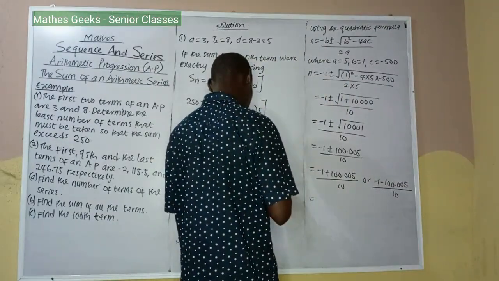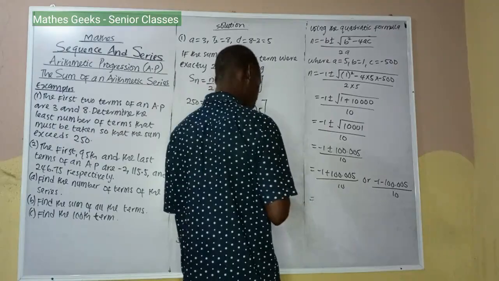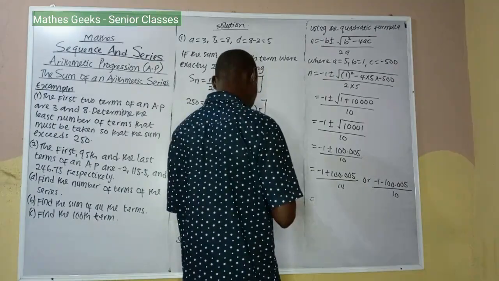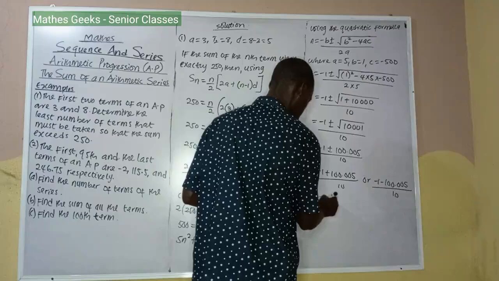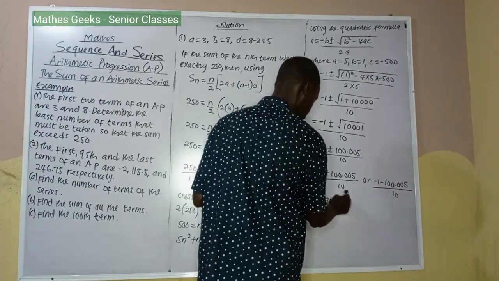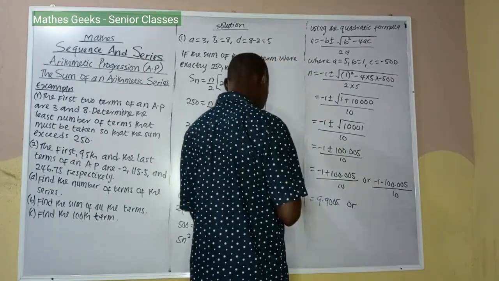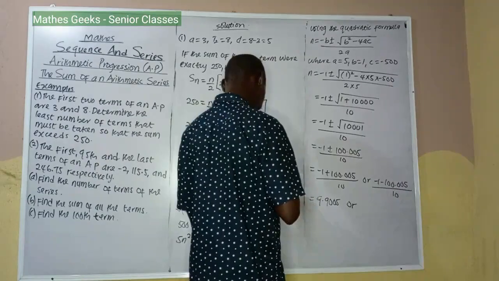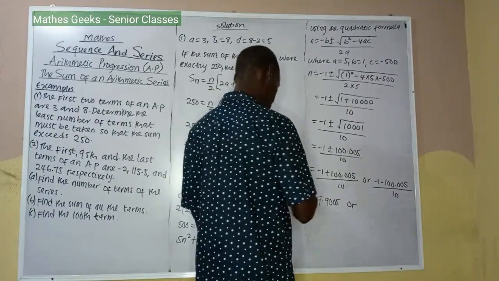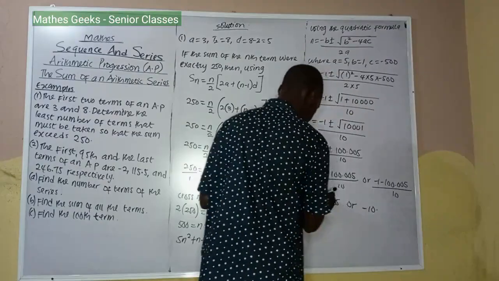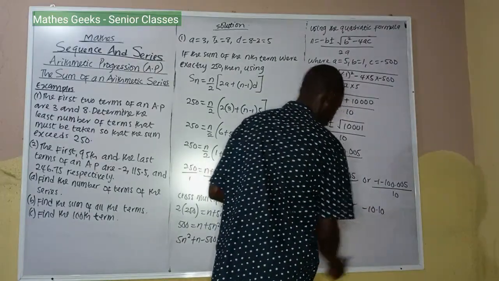So minus 1 plus 100.005 divided by 10 gives 9.9005, or minus 1 minus 100.005 divided by 10 gives minus 10.10.